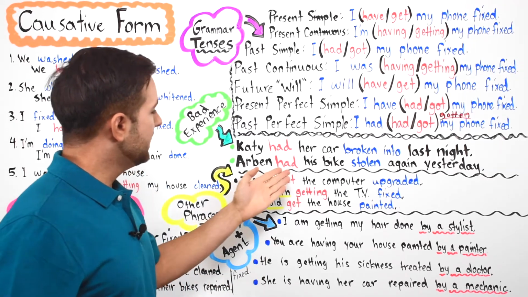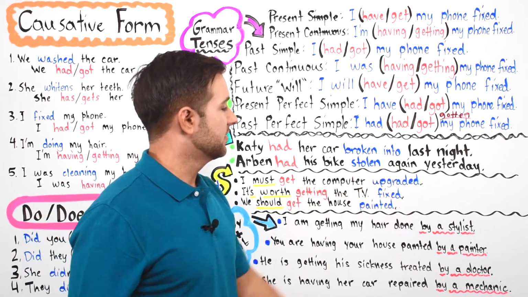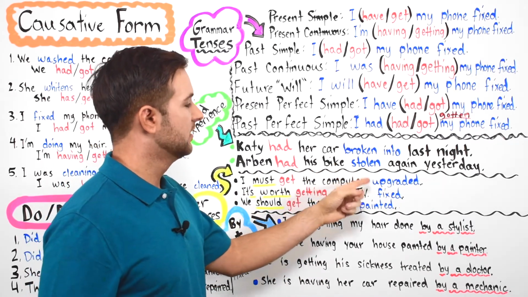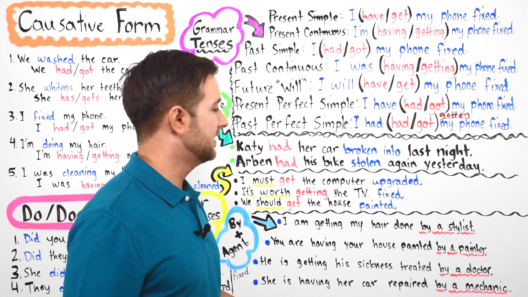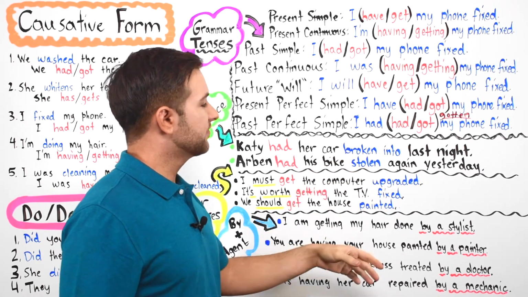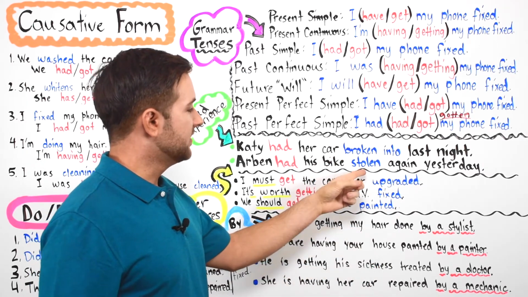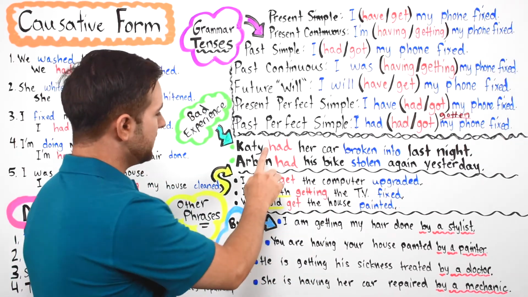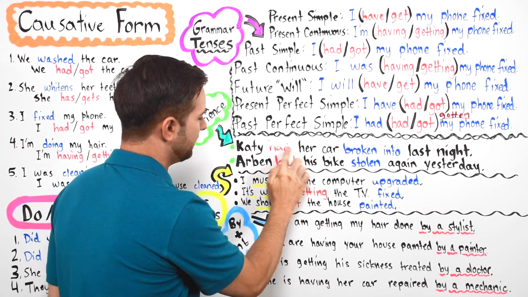And then it says, Arbin had his bike stolen again yesterday. So this has happened over and over again. He had his bike stolen, which is taken, again yesterday. Broken into is from the verb to break into, and stolen is from the verb to steal. And see how we had here? Well, you don't have to use had.